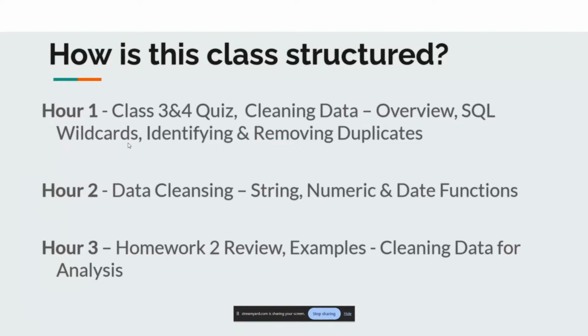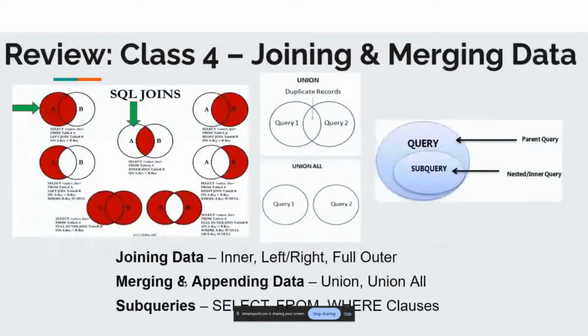So how do you identify what the duplicates are in a data set, and how can you remove those to create the result set that you want? Hour 2 will be all about data cleansing and formatting, so string, numeric, and date functions. And then at the end, we'll do lots of examples. And then we can take a chance to review any previous homework or homework 2 from last week.